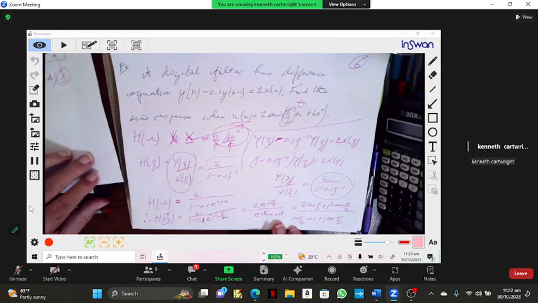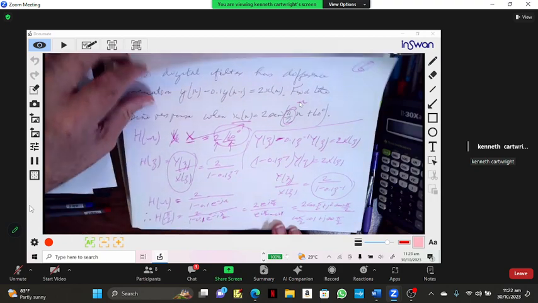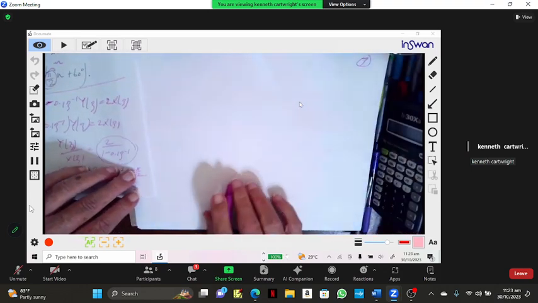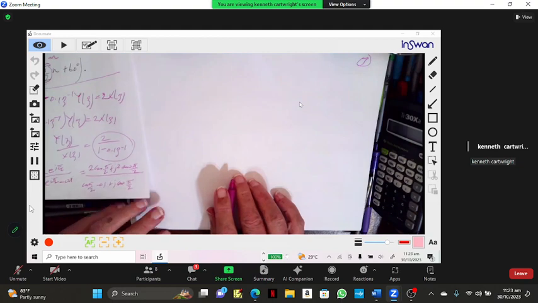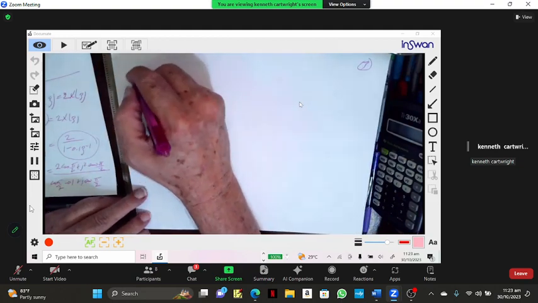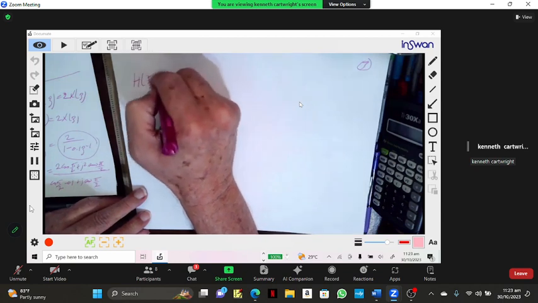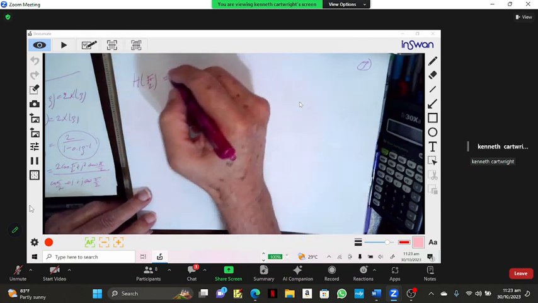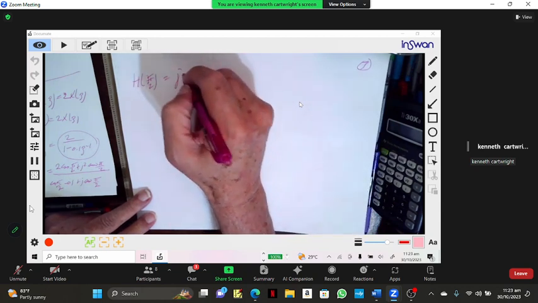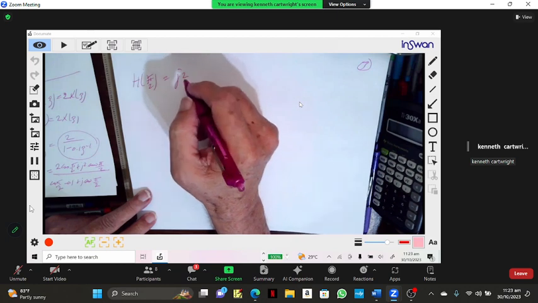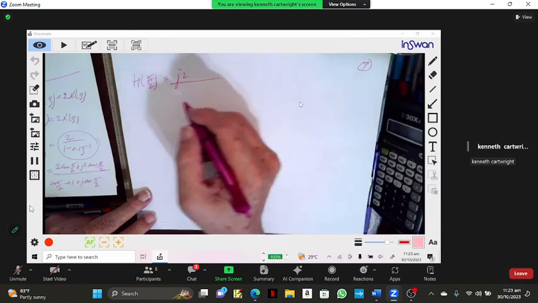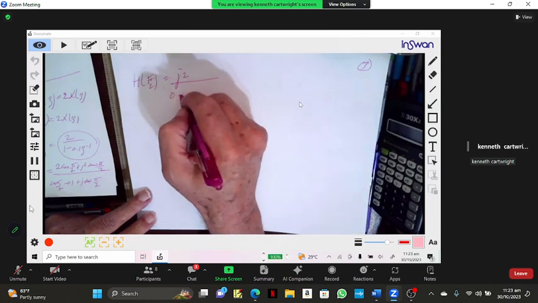Go to the next page. Okay. So H of pi over 2 is 2 cosine pi over 2, that's 0. That's just j2 on the top. The sine of pi over 2 is 1 over the bottom. So that's 0 minus 0.1 plus j1.